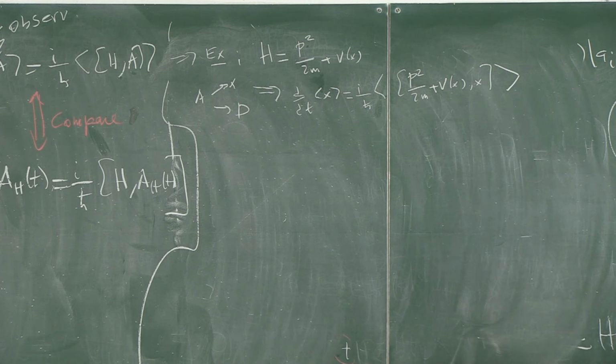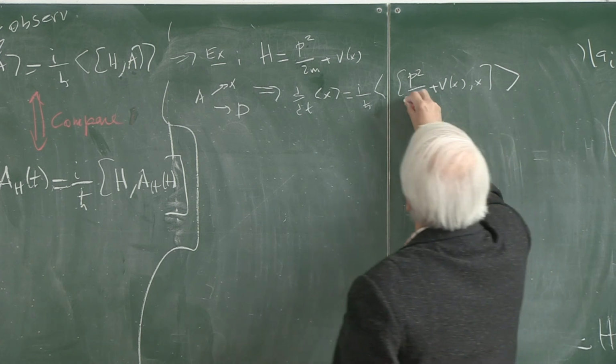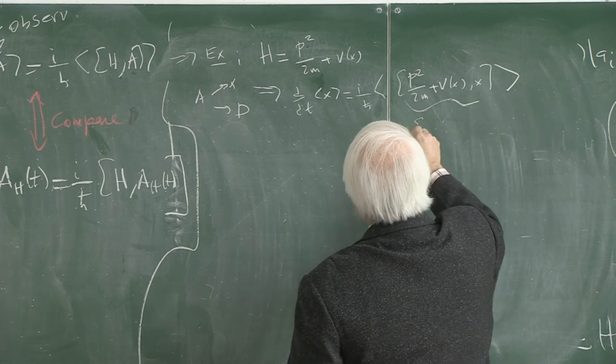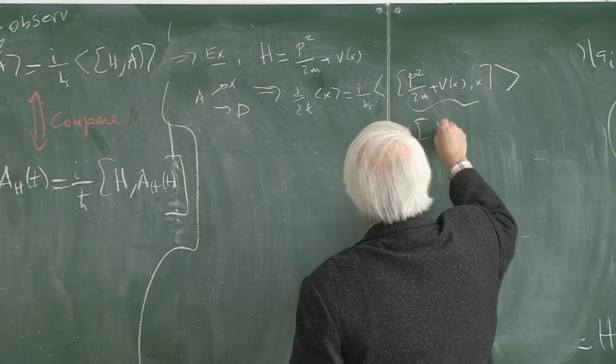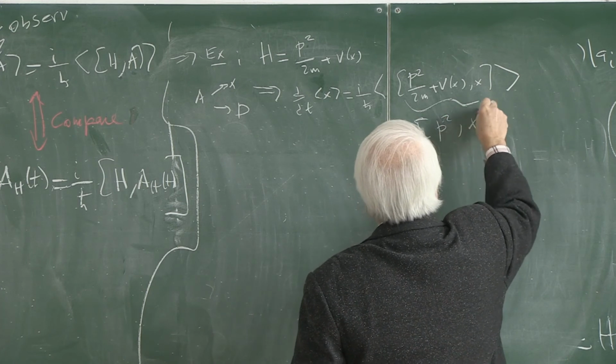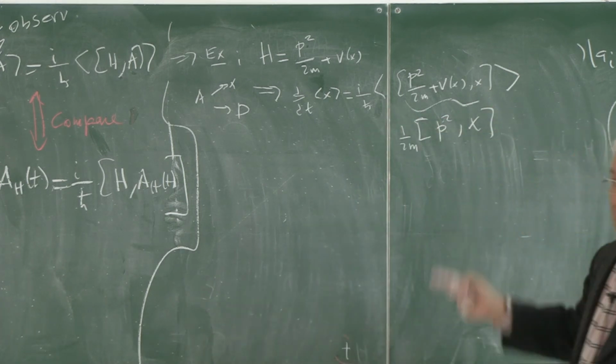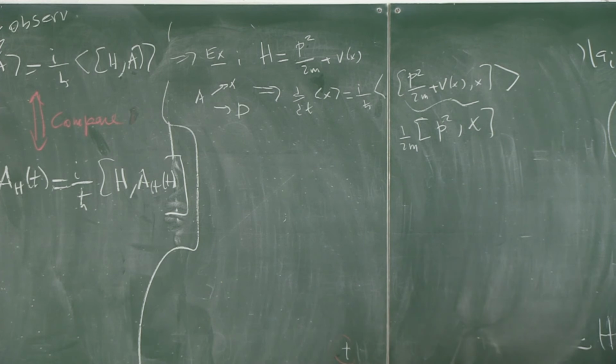V of x commutes with x, so it is p squared over 2m that comes in, the commutator of p squared and x. I do this as fast as possible. I'm doing it in the Schrödinger picture so that I don't have to worry about equal times. The Ehrenfest theorem involves expectation values.